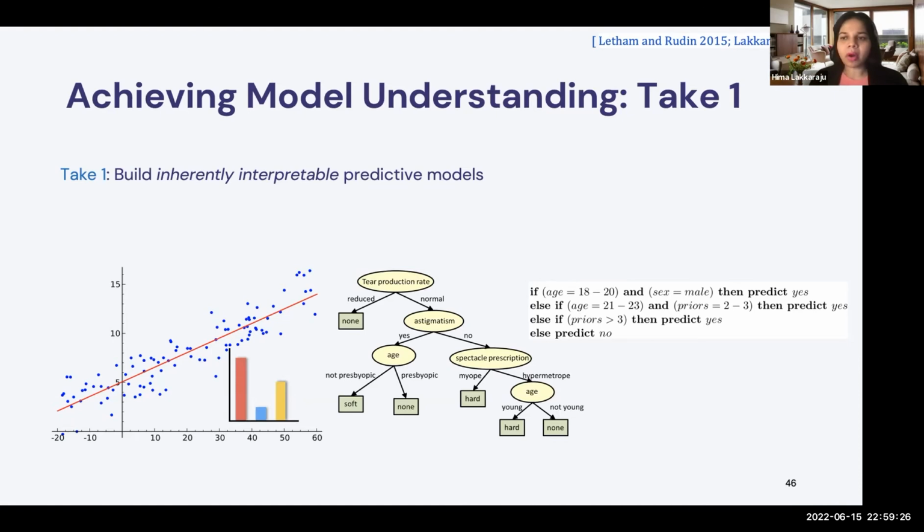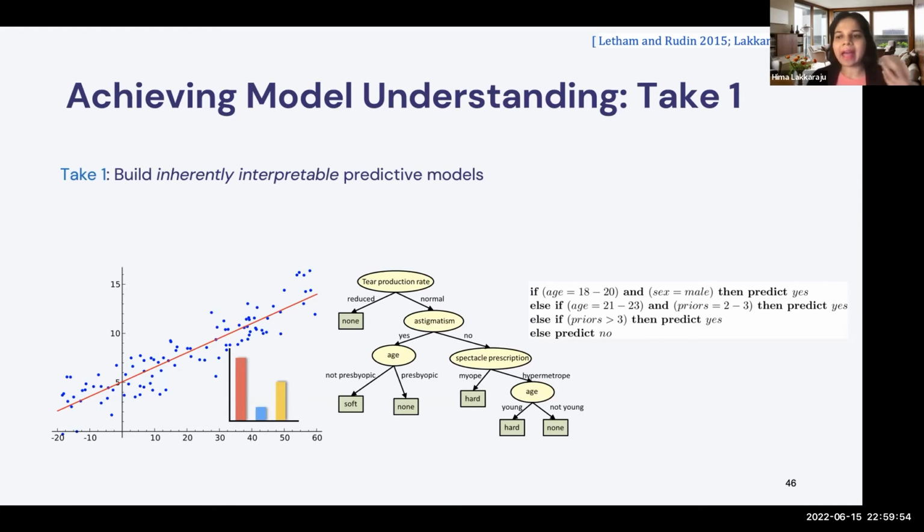These are all models that people can look at and understand the rationale or the logic of the model, and are often referred to as inherently interpretable models, right? So such models can not only make predictions, but they're also easy to understand for the different kinds of stakeholders and end users, right?